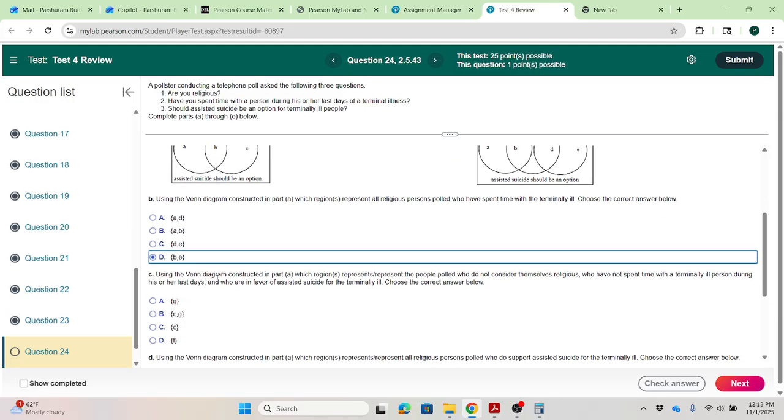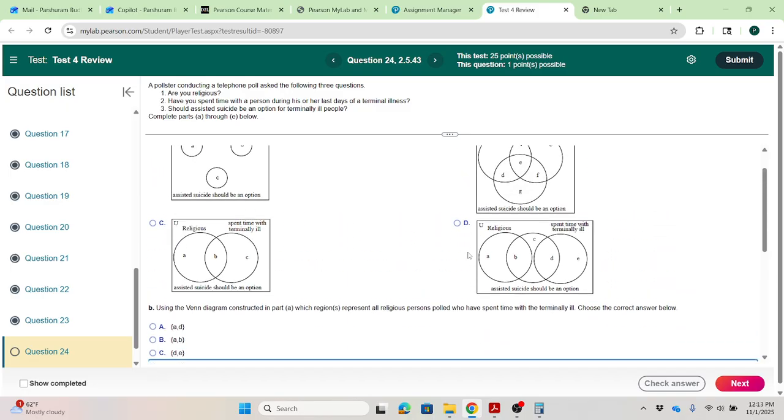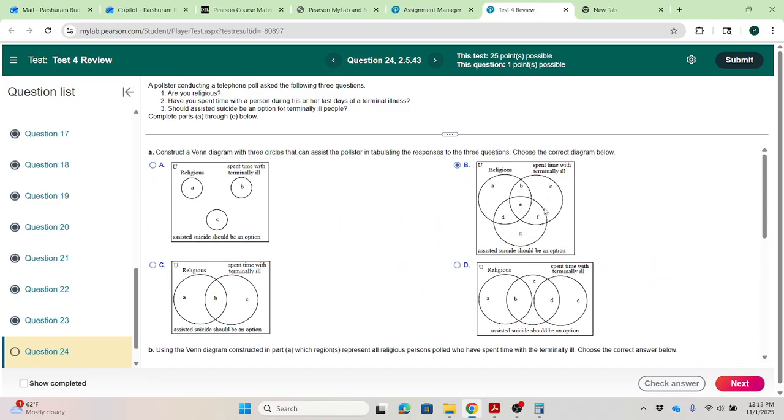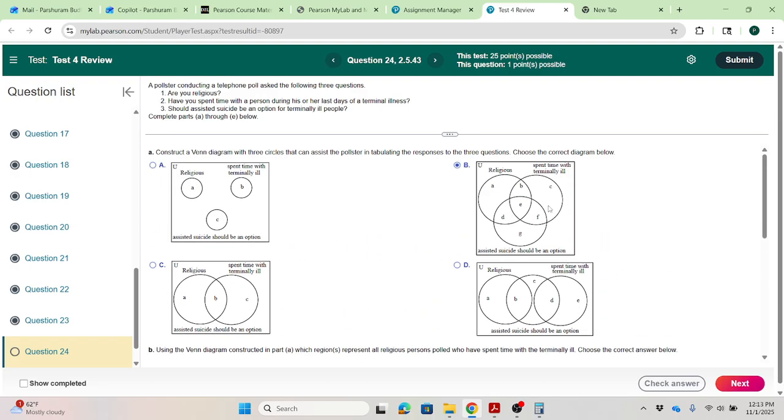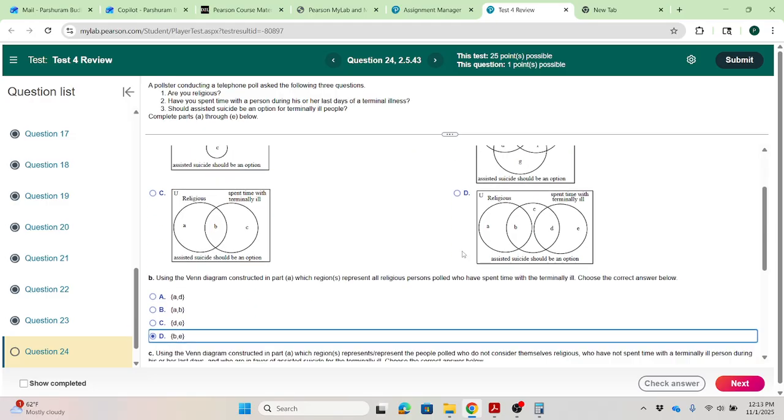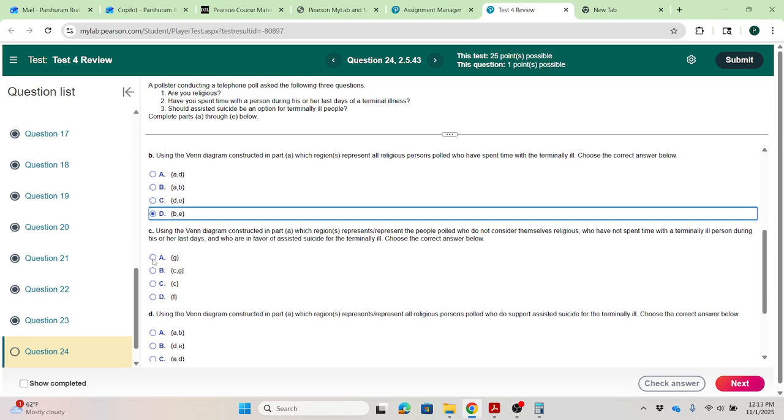Okay, using the Venn diagram constructed in part A, which represents the people polled who do not consider themselves religious. So religious outside here, meaning complement CFZ, and then who have not spent time with the terminally ill person. CFZ, not spend time, so that means only G. So where is Z? This one.